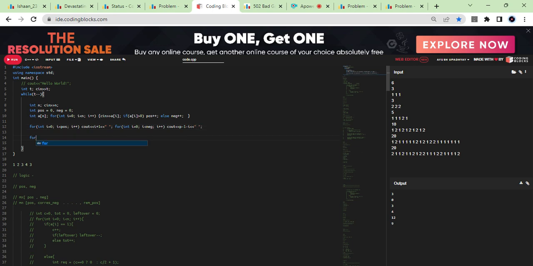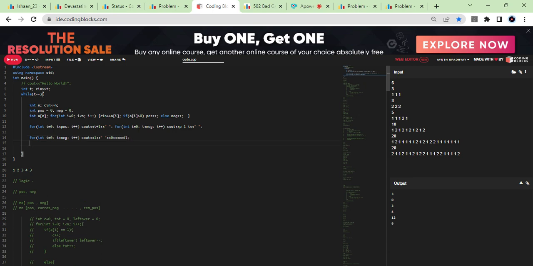This is for positives and this is for negatives, and i is equal to negative, special, not much special, but yeah, 2 into negative i plus plus, cout basically 1 and then 0. Positive negative positive negative positive, 1 0 1 0 1 0, right? And then the remaining positive.